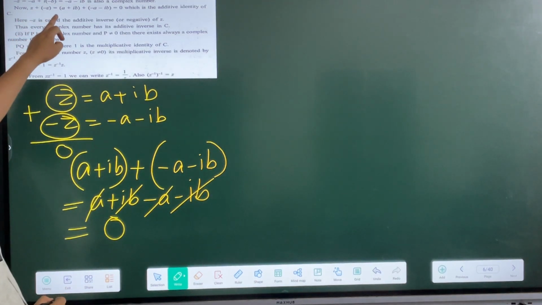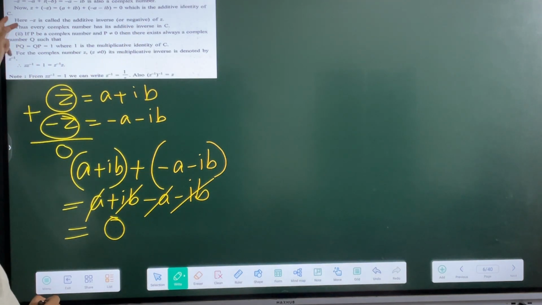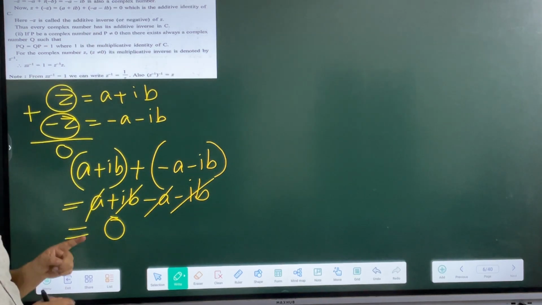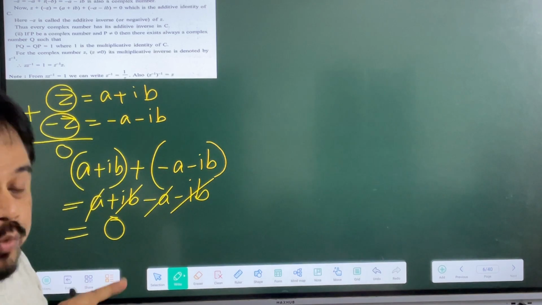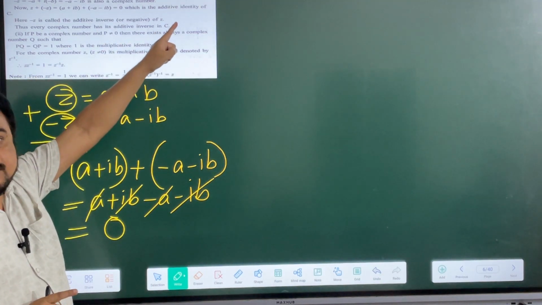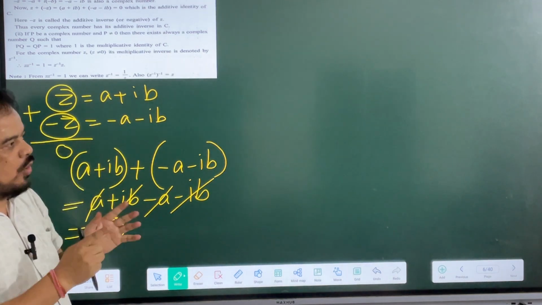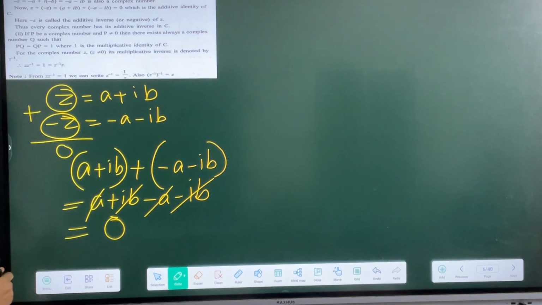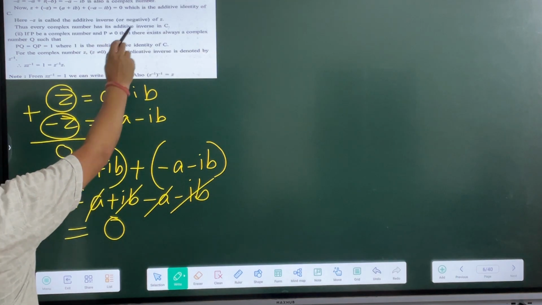Z plus minus z is always 0, which is the additive identity of C. C means complex numbers. When we add two complex numbers and we get 0, then 0 will be called the additive identity of complex numbers. Minus z is called the additive inverse.